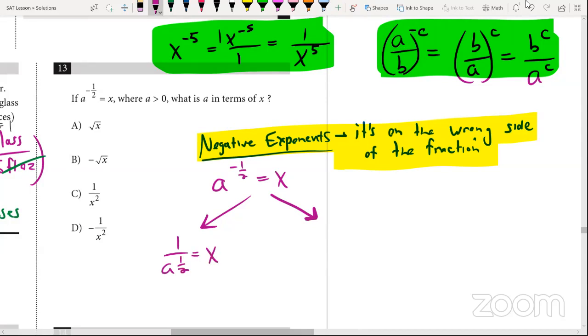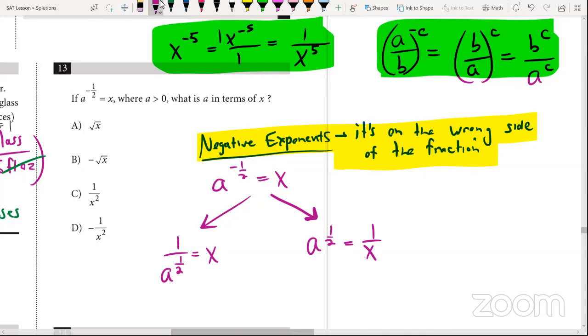And on the other hand, we could say a to the 1/2 equals 1 over x. So we either flip the left side or the right side, and both of those get rid of the negative on the exponent. A little bit better handwriting right here, so this looks more like a to the 1/2 power. Okay, so we've got it there.